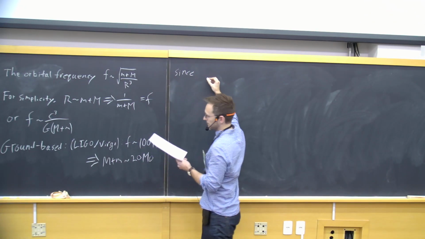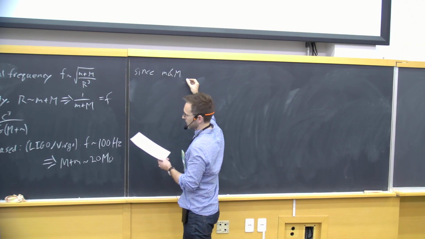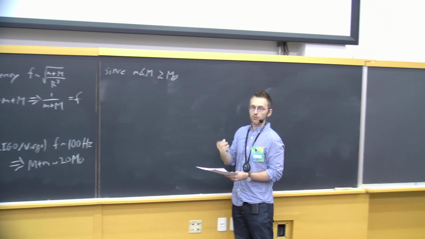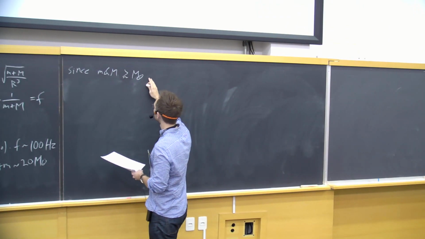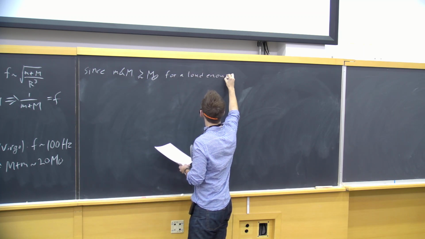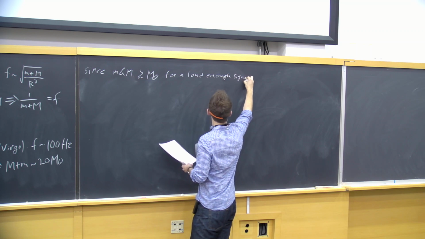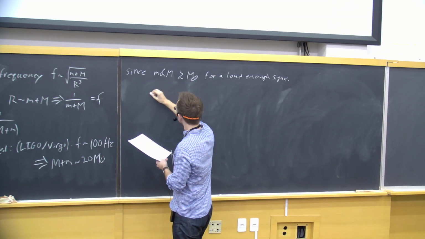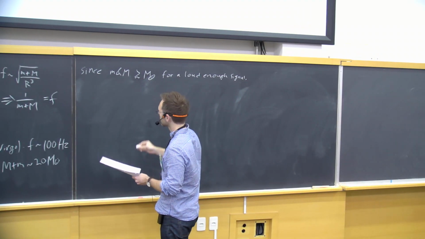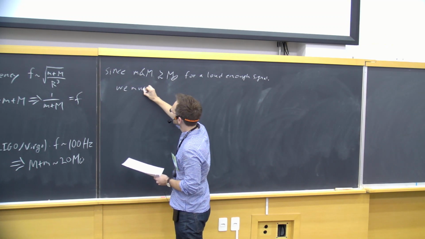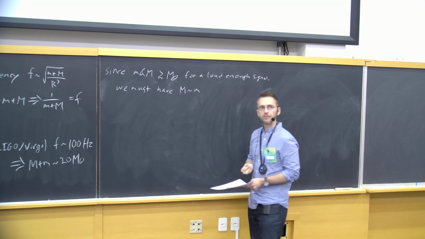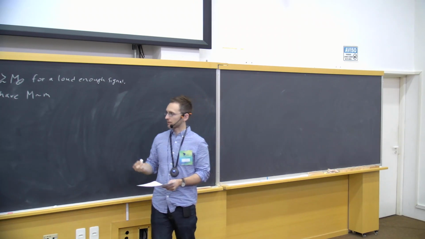And since m and M must be at least as big as one solar mass in order to get a loud enough signal to detect, and the total of the two has to be of order a few tens of solar masses, we must have that the two masses are roughly the same size in order to be detected by a ground-based detector like LIGO or Virgo.